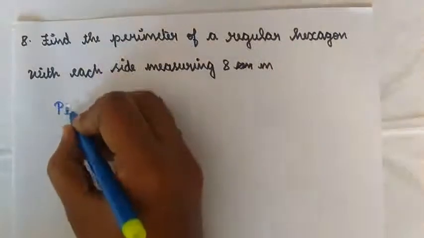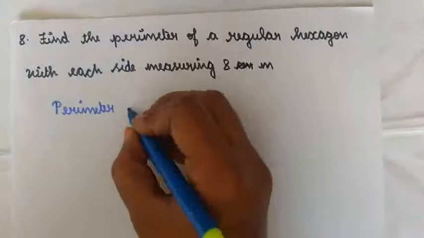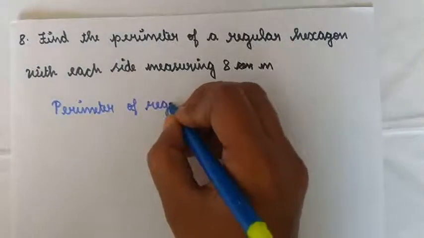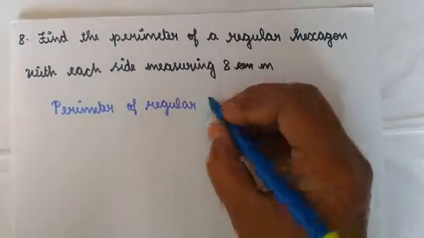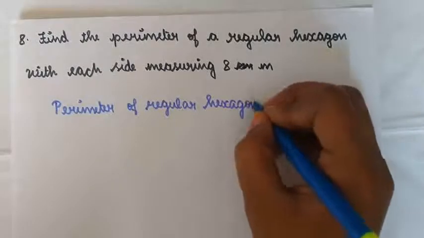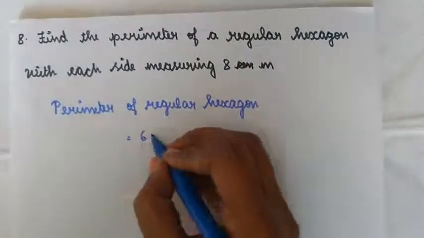We have to write perimeter of regular hexagon is equal to how many sides it has?